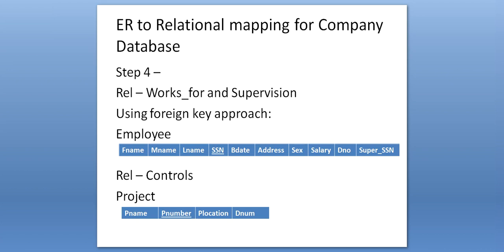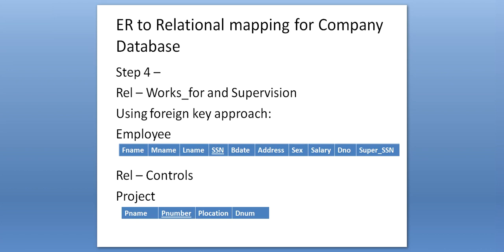The third relationship type that we are going to map in step number 4 is supervision. So I'm going to consider the three 1 is to n relationship types: works for, controls, and supervision. Supervision is between employee and employee, remember this.